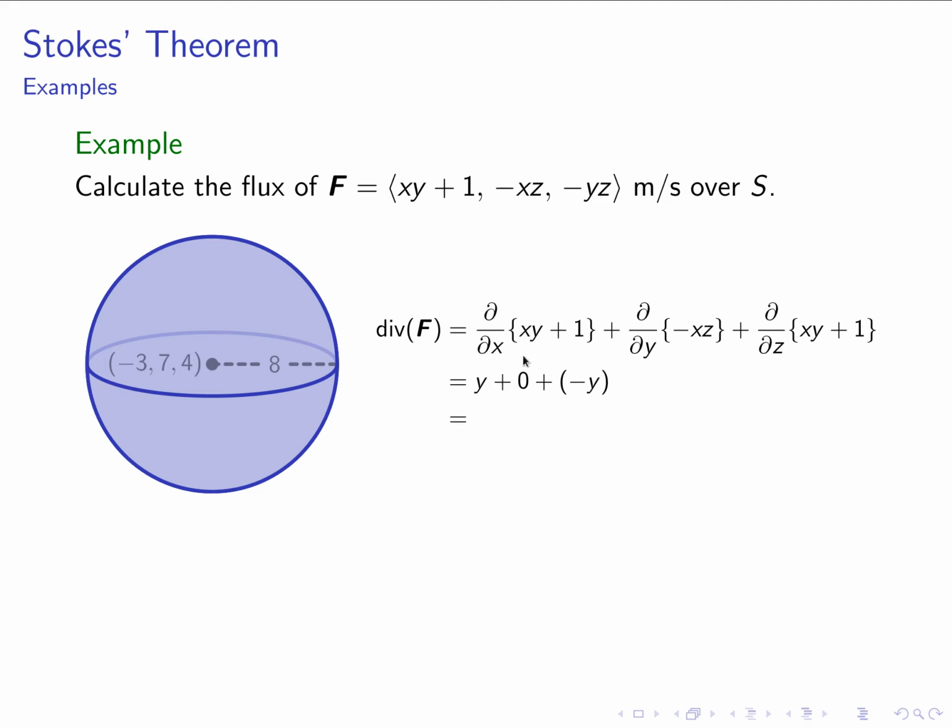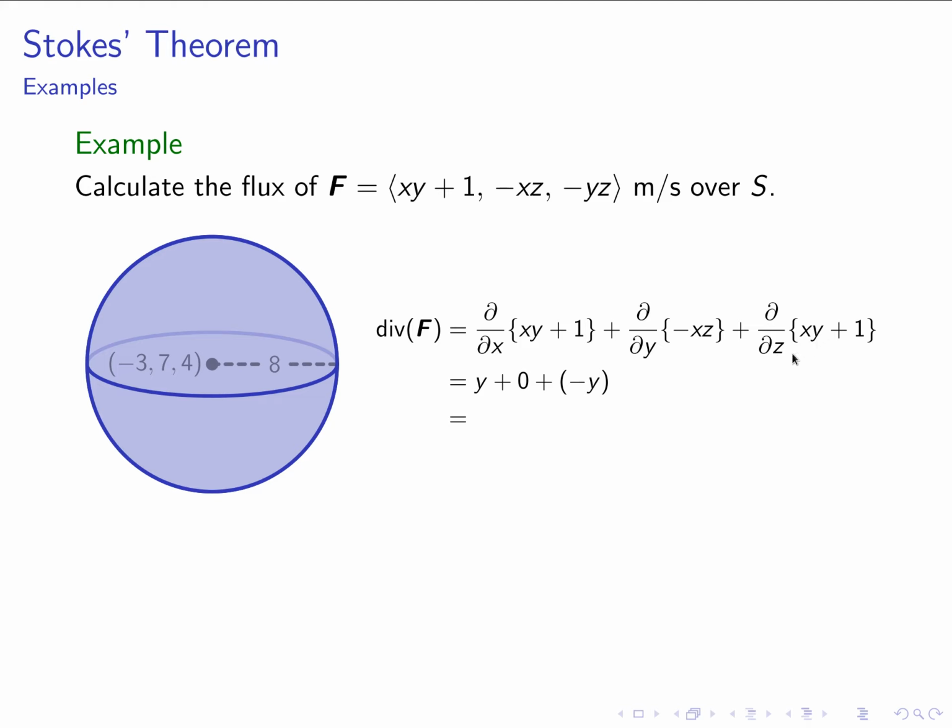And here, what are we looking at? Well, xy plus 1 with respect to x is equal to y. Negative x times z with respect to y is equal to 0. And then the third coordinate with respect to z is equal to, let's see here. This should be equal to 0.